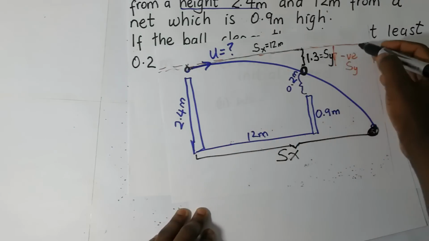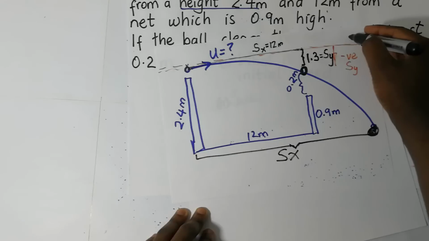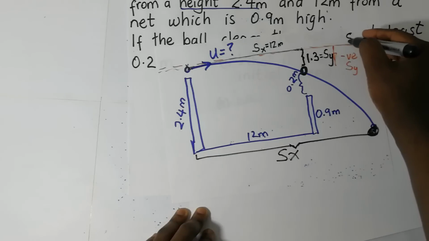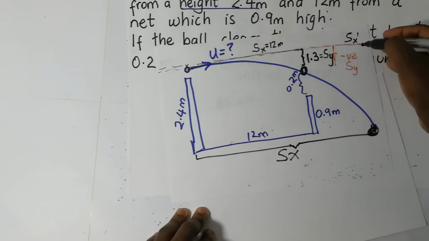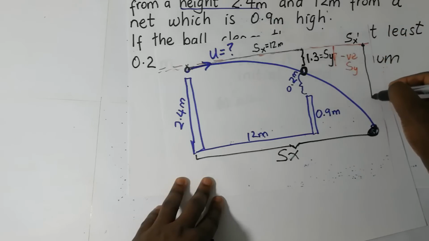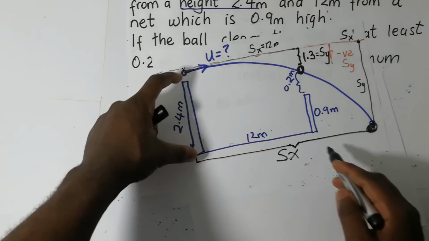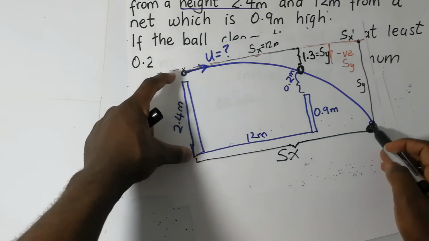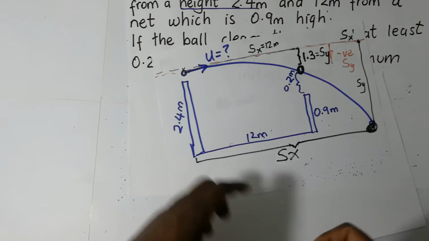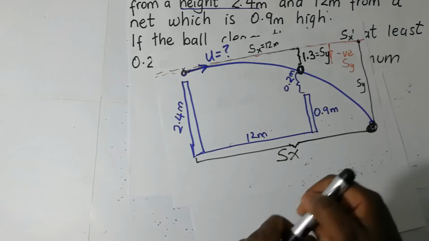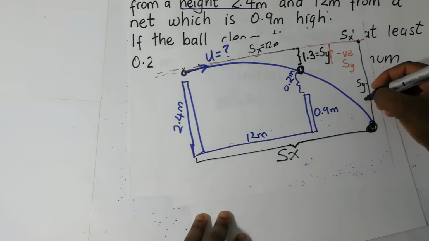Let me call it sx prime. Then in the y direction, by the time it lands on the ground, remember the ground is 2.4 meters below. So this is 2.4 meters.